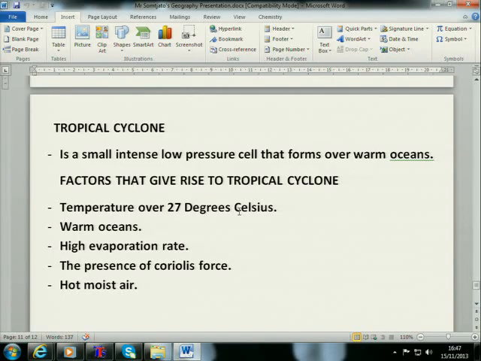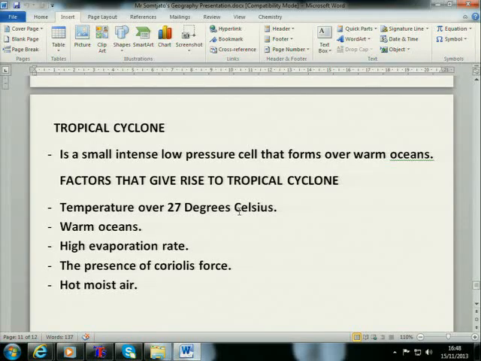Three, there must be a high evaporation rate, which causes warm air to rise higher in the atmosphere. Four, the presence of the Coriolis force. And then there must be hot, moist, and stable air. These are the conditions under which tropical cyclones can develop.